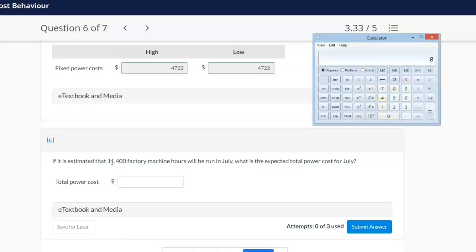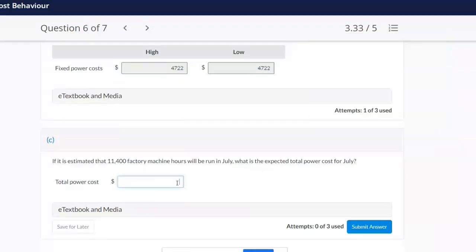Each hour is $1.46. That's 16,644, the variable. Now add fixed, 4,722. 21,366.